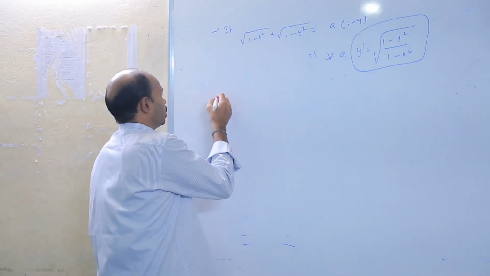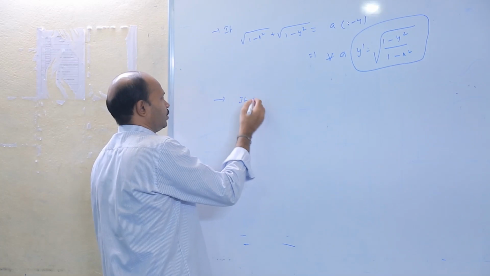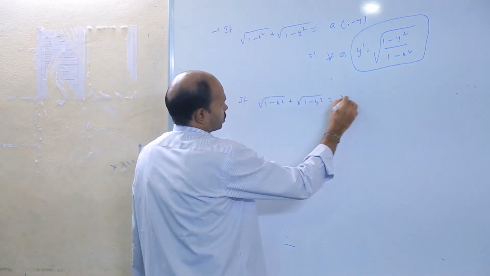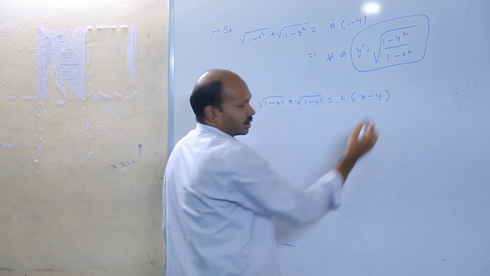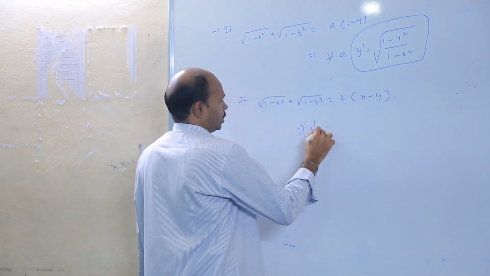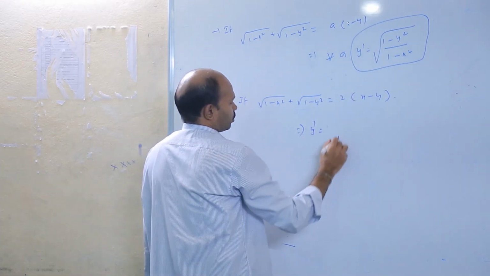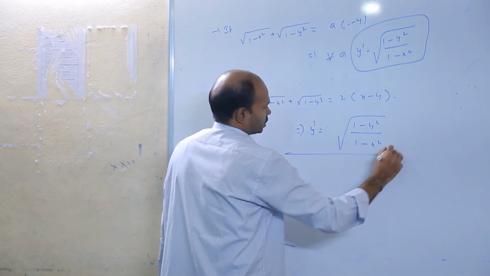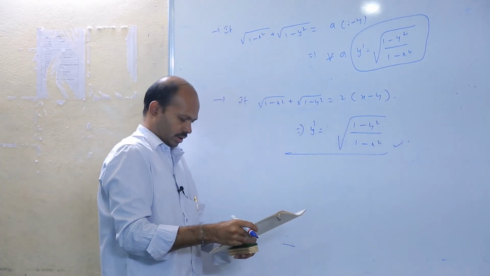For example, as an application, if under root 1 minus x square plus root of 1 minus y square equals 2 into x minus y, then find y dash. Y dash is equal to the same formula, under root of 1 minus y square by 1 minus x square. That is our next model.